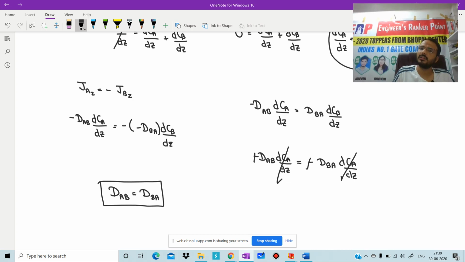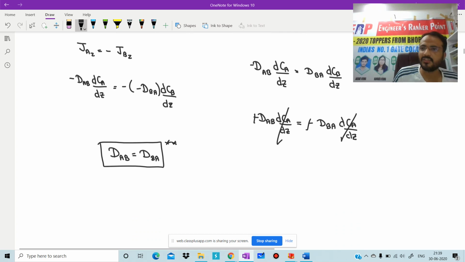Is it clear? Again, this is an important result. From this method, this formula, what can we say? We can say one thing.